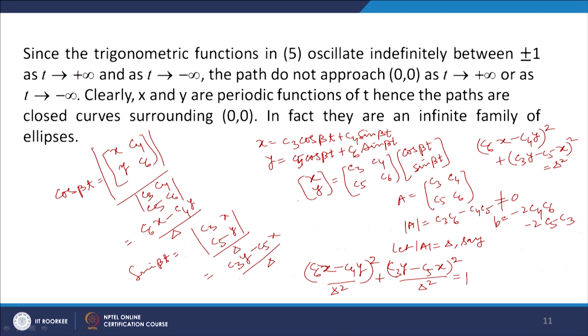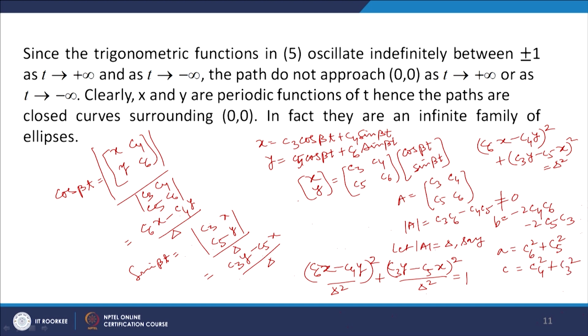Coefficient of x square, let us denote by a. So, a is C6 square plus C5 square, and the coefficient of y square we are denoting by c. So, c will be equal to C4 square plus C3 square.